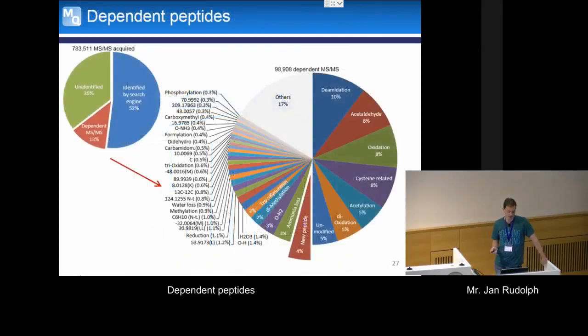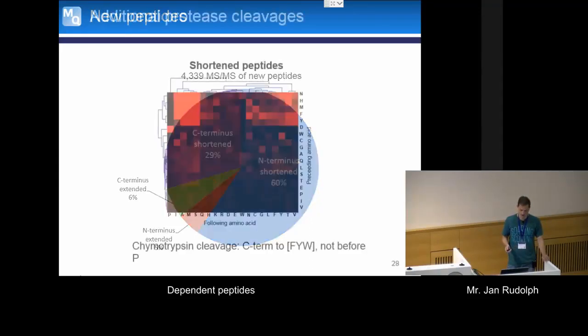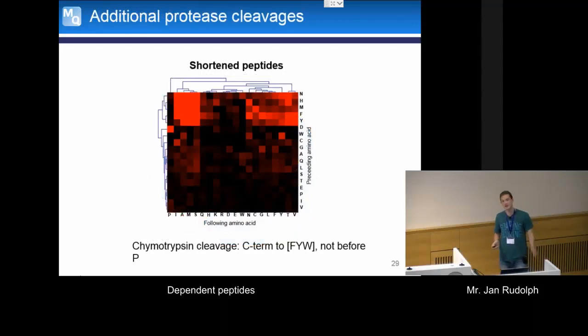And you can think of these N-terminal shortened and C-terminal shortened peptides as ones that were degraded by additional protease cleavage. So since we have the sequence of our peptides that lost so much mass, we can also try to understand which protease actually was responsible for this. So in this sample, there was additional chymotrypsin cleavage found.